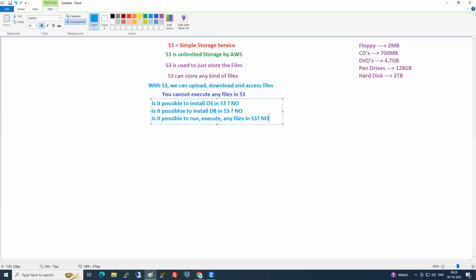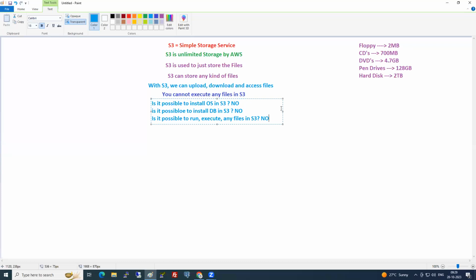Yes or no? But the thing is, whenever you put any virus file in S3, it will get uploaded. Nothing will get harmed to AWS because it's just a storage. But if you download that to your laptop, your laptop will be in trouble.